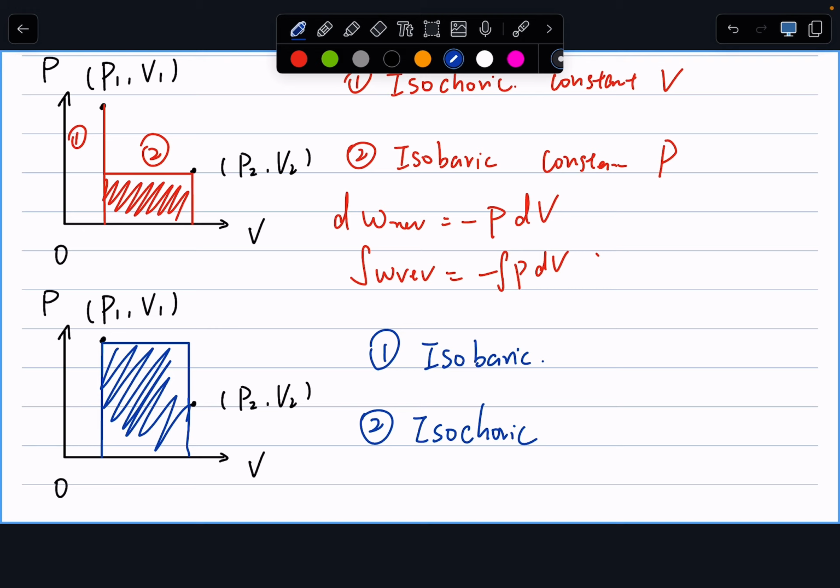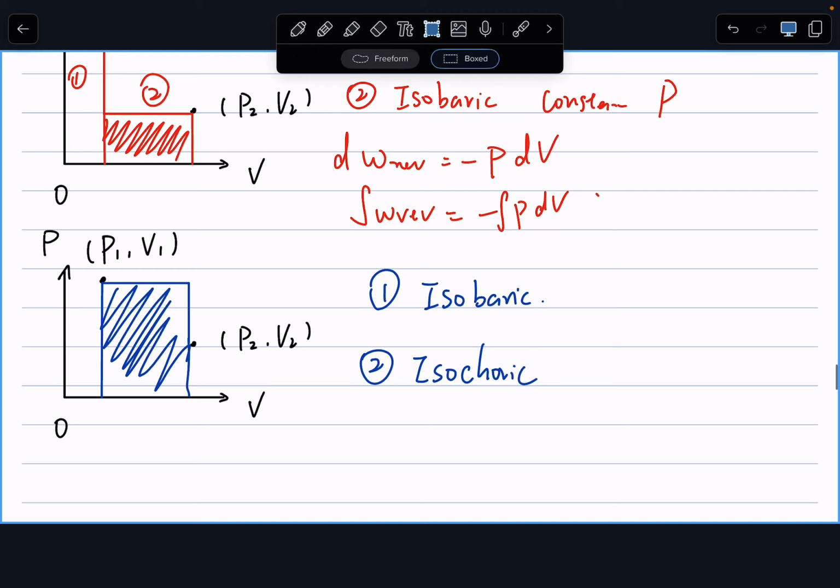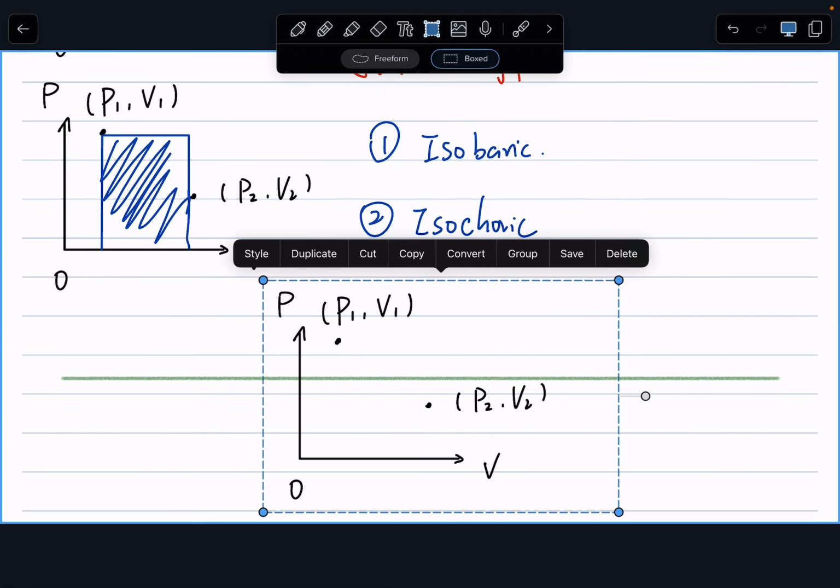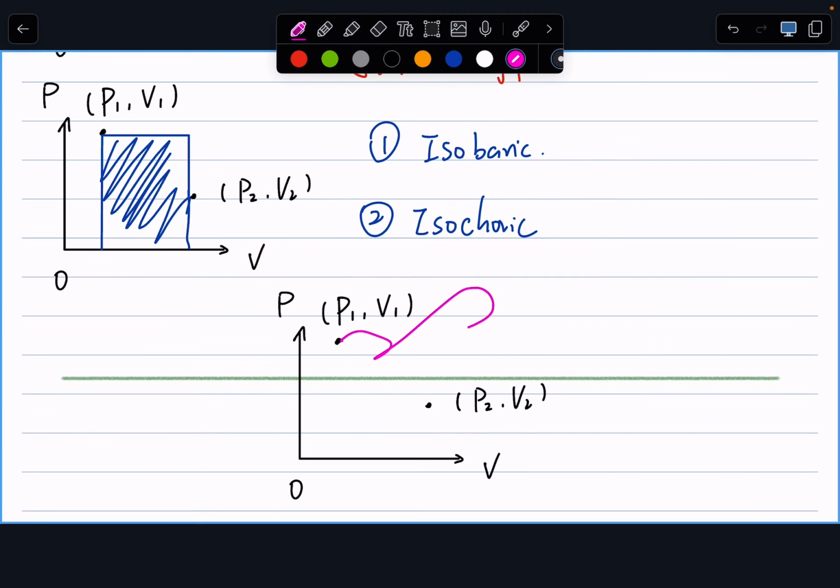All right, so it is very important to keep in mind that work is a property associated with a process. We have to define the path in order to calculate the work that's being done from state 1 to state 2. You could have an exotic pathway. For example, if we go something like this, it's the same idea, right?